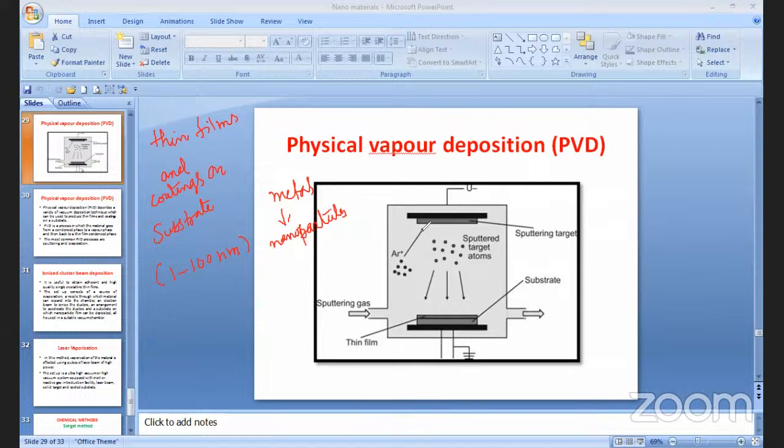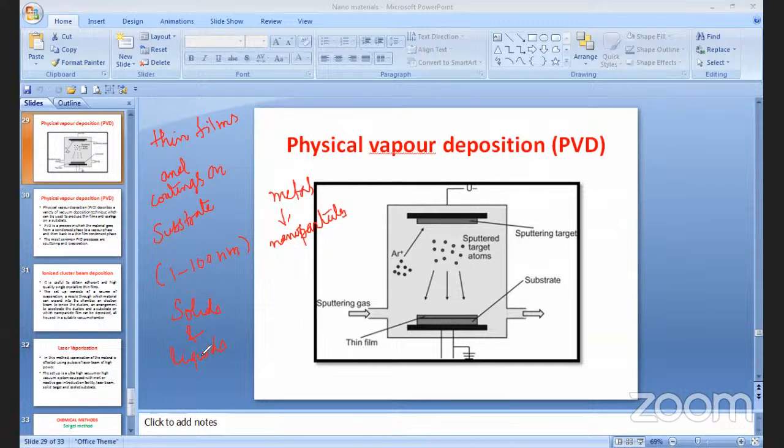In this bottom-up method, we can use solids as well as liquids, which can evaporate and produce vapors.